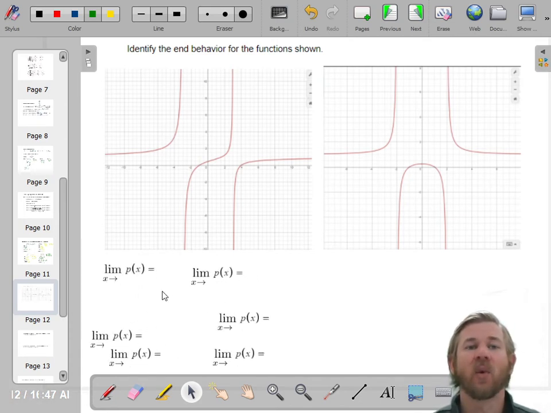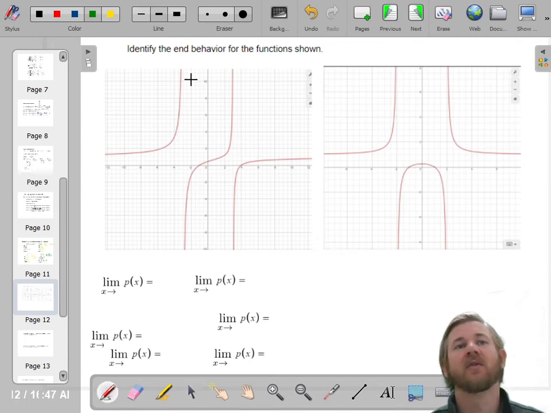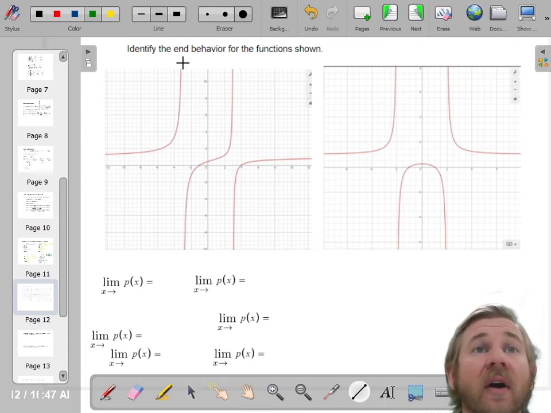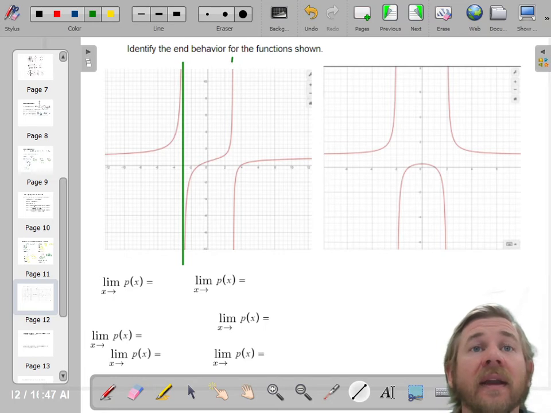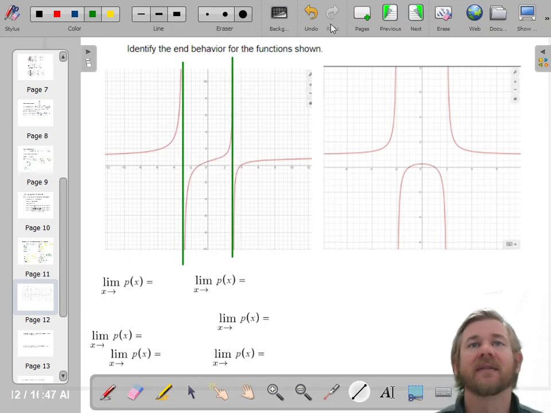Let's see if we can organize them a little bit based on which asymptote we're talking about. First of all, the vertical asymptotes are right here and right there, at x equals 3 and x equals negative 3.